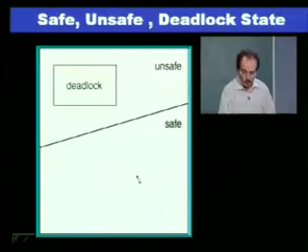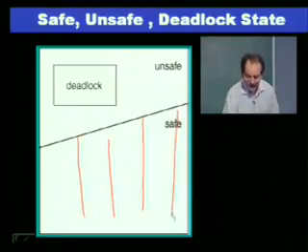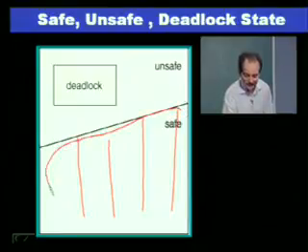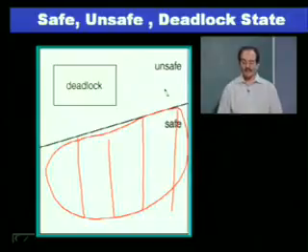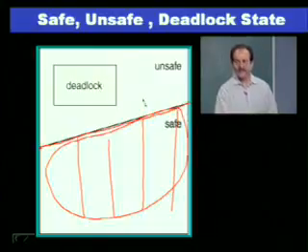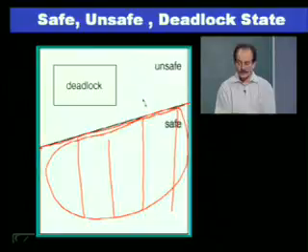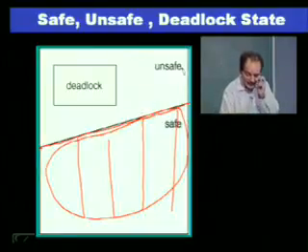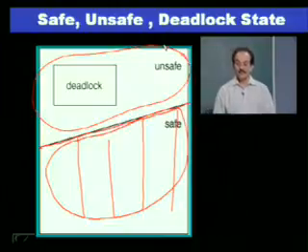Now, this whole area is my safe state, meaning that if my processes are in this particular state, then they will never enter into a deadlock. This is the boundary of the safe and the unsafe states. If it is in the safe state, it will never enter into deadlock, and this is the area where some sort of deadlocks can occur.